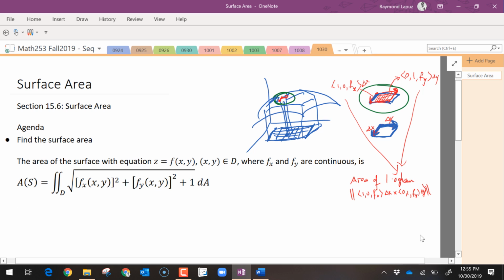And so when you take the cross product, you're going to get that fx, fy, minus 1. And then we have a couple of scalars here, delta x, delta y.